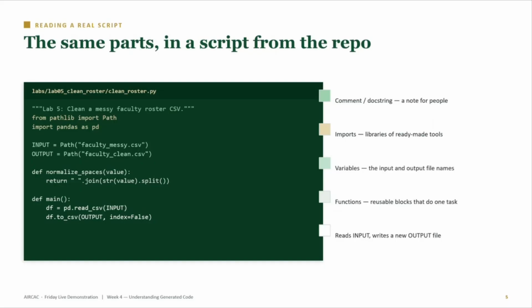So here, let's say for example, this is a simple code that we will explain. Here, lab 5 clean Macy faculty roster CSV, it's a comment.